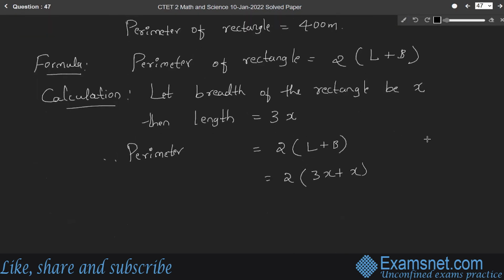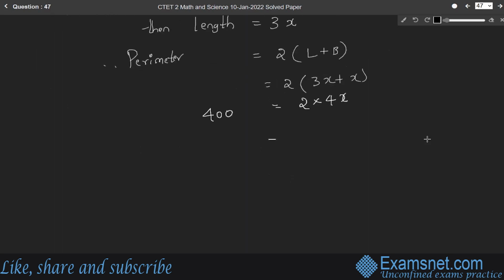Therefore, perimeter is 400 meter. So 2 times 4x, which is 8x. Therefore, x is equal to 400 by 8, which is 50.